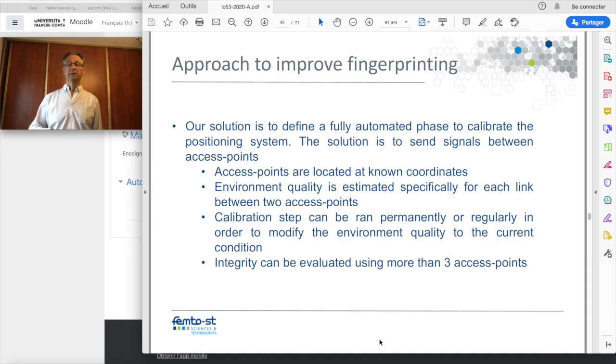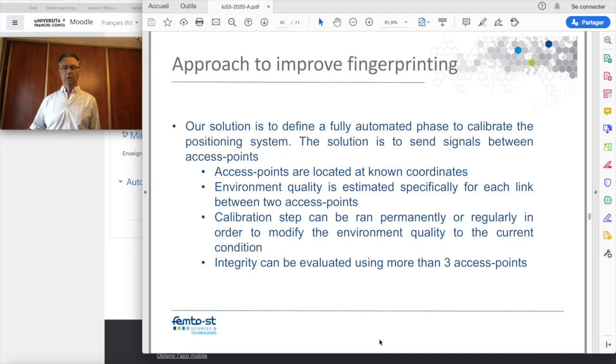But when it changes, it means that there is a door which is open or closed, or people are moving inside the building, etc. Many reasons that the environment quality can be modified.